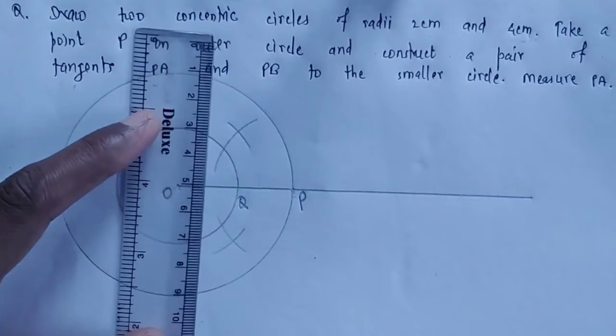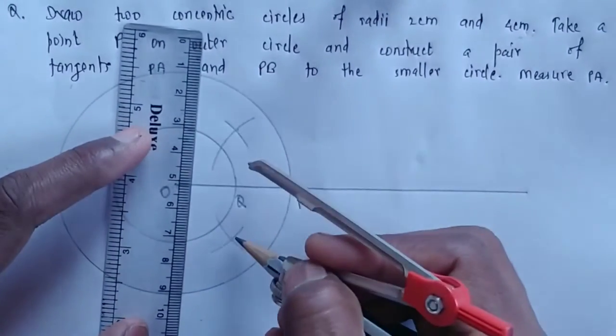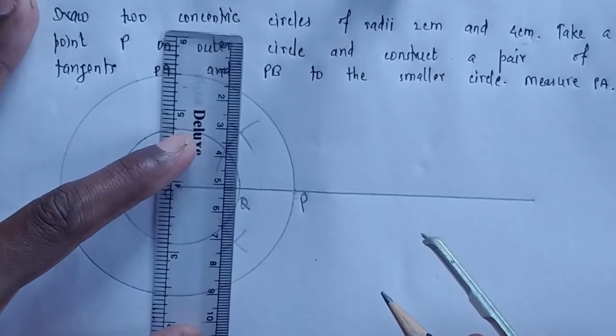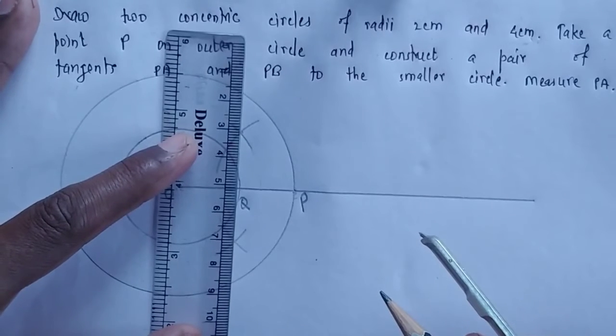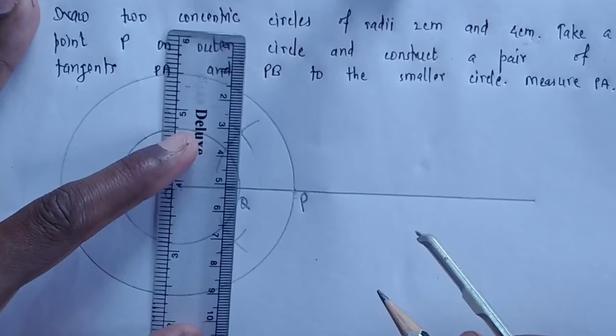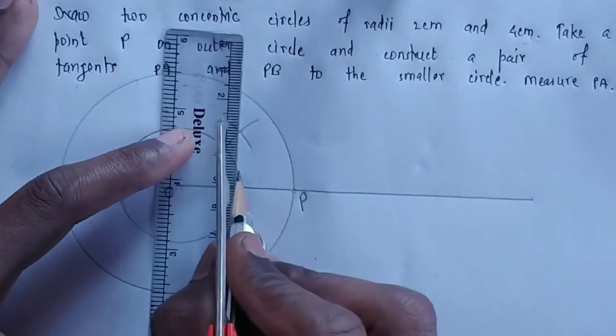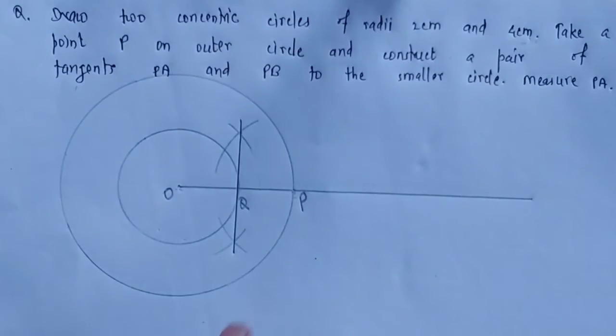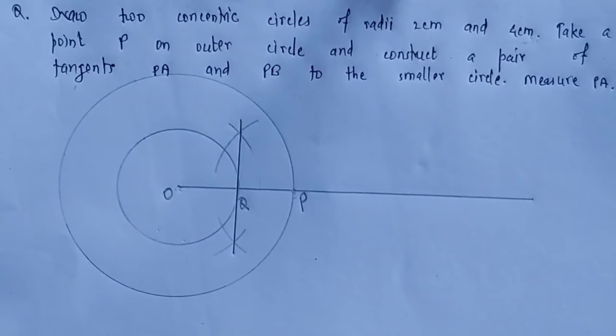Now we join this point of intersection with this point of intersection using a ruler, and as I join, I get the point of intersection like this.